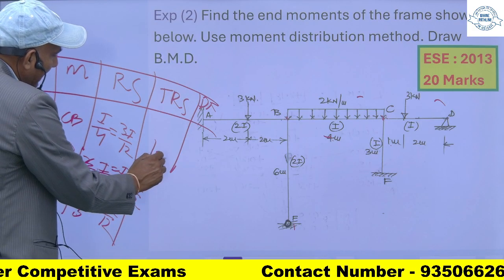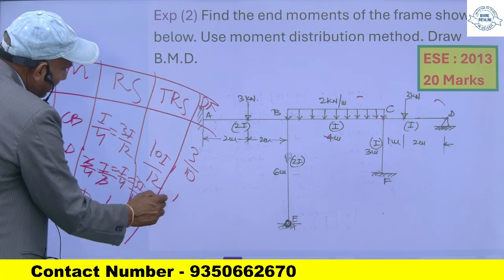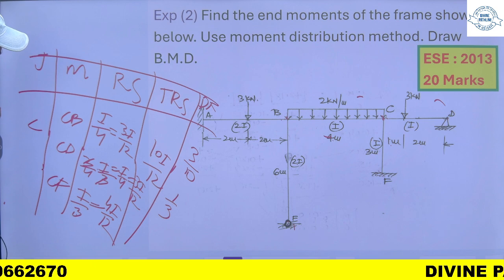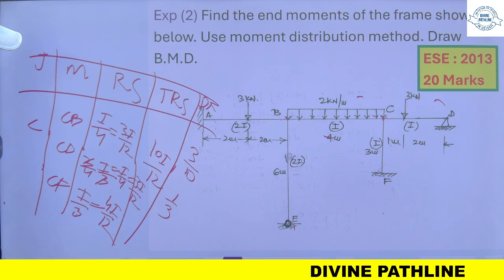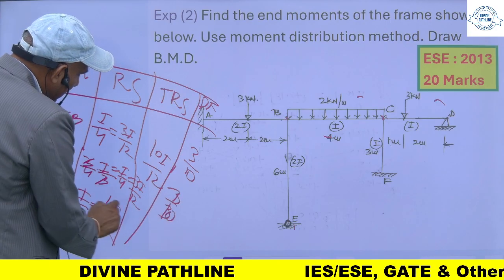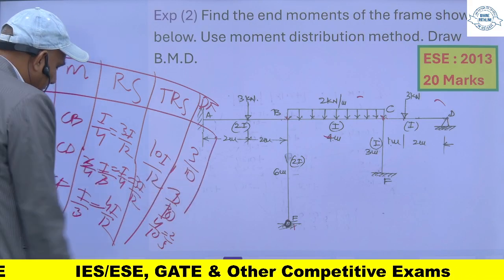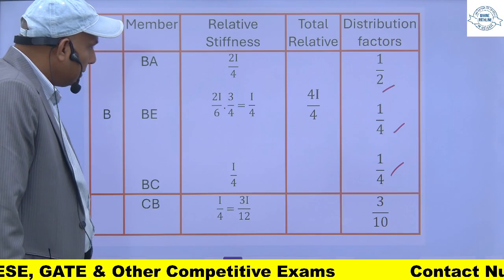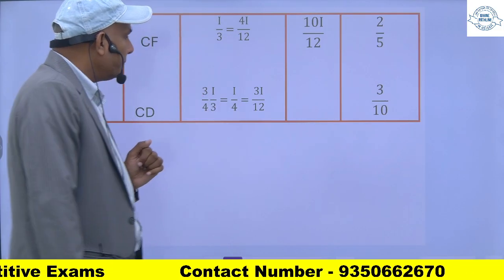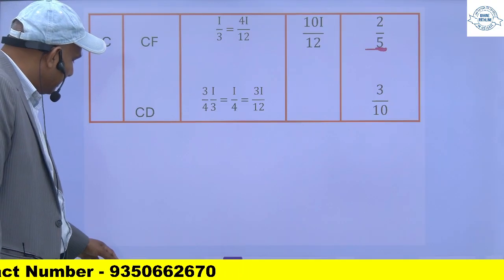So it will be 10I upon 12. So the distribution factor for this will be 3 by 10, this also 3 by 10, and this is 4 by 10. You can say 2 by 5. So these are my distribution factors: 3 by 10, 3 by 10, and 2 by 5.